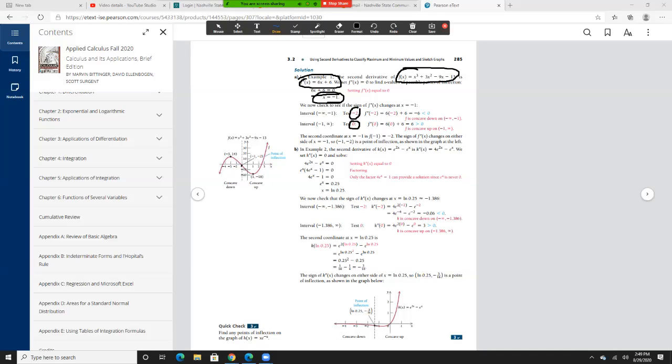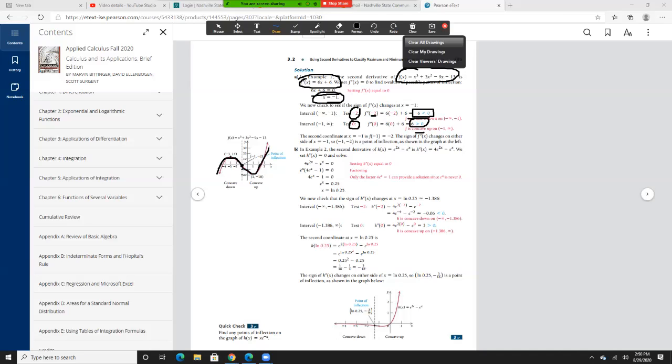When they plugged -2 into the second derivative, they got -6, which is of course less than 0, which means it's concave down. And then they plugged in 0 for the right side. They got +6, which is greater than 0, which means it's concave up on the other interval. So once you find the inflection point, you can test anywhere to the left and to the right to determine that it did indeed change concavity.